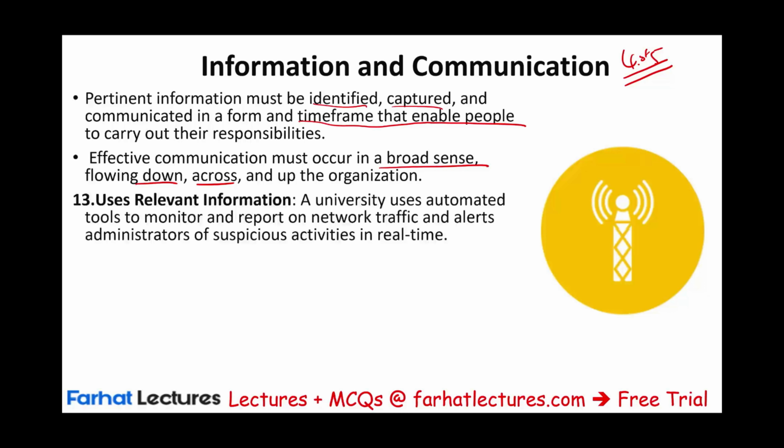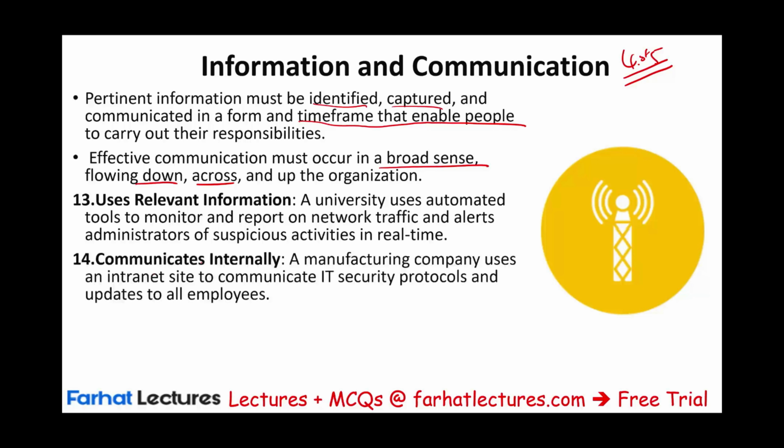What are the principles? Uses relevant information. For example, a university uses automated tools to monitor and report on network traffic and alerts administrators of suspicious activities in real time. Point of focus here is make sure you have monitoring tools. Why? Because you want to use relevant information to monitor the network live. 14, communicates internally.